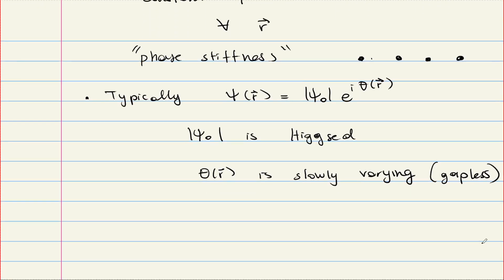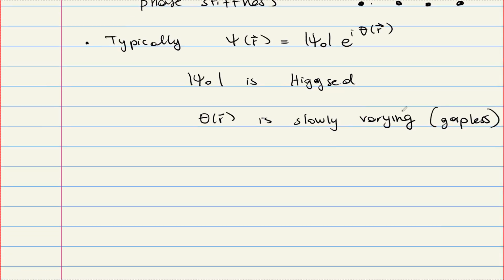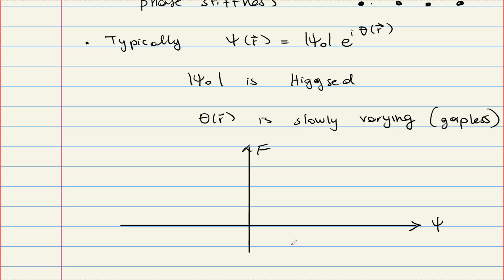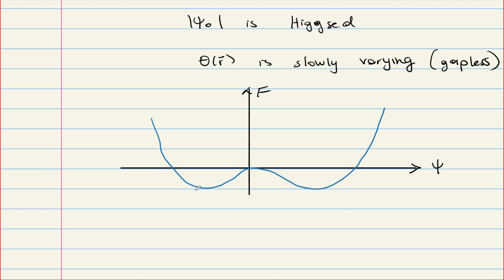So the picture is, if I have some free energy, and this is my psi, I have this double minima. But in the case of a complex order parameter, we also need to think about rotating this double well in the plane, right?